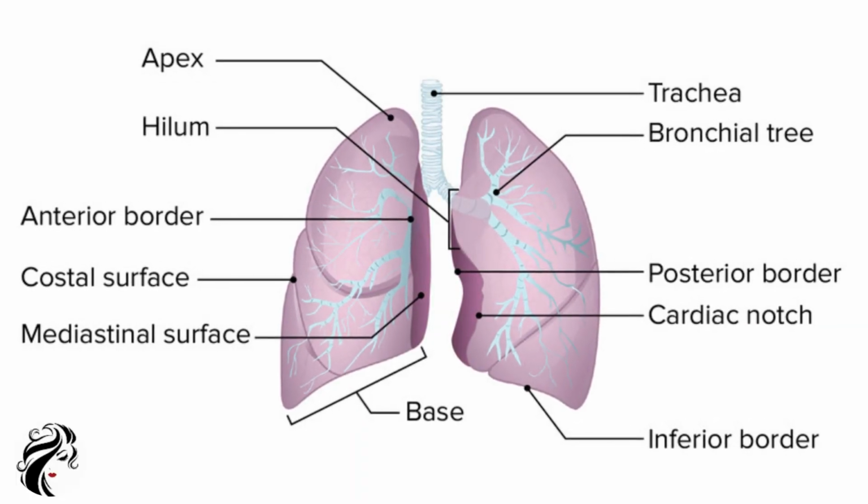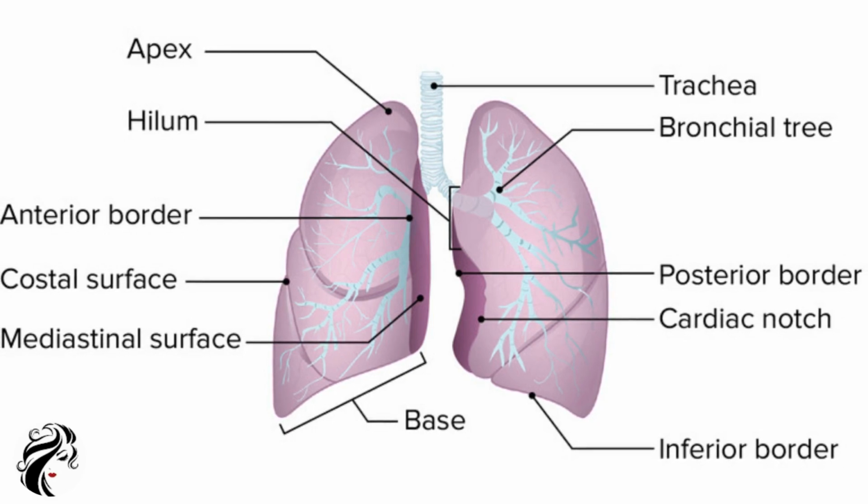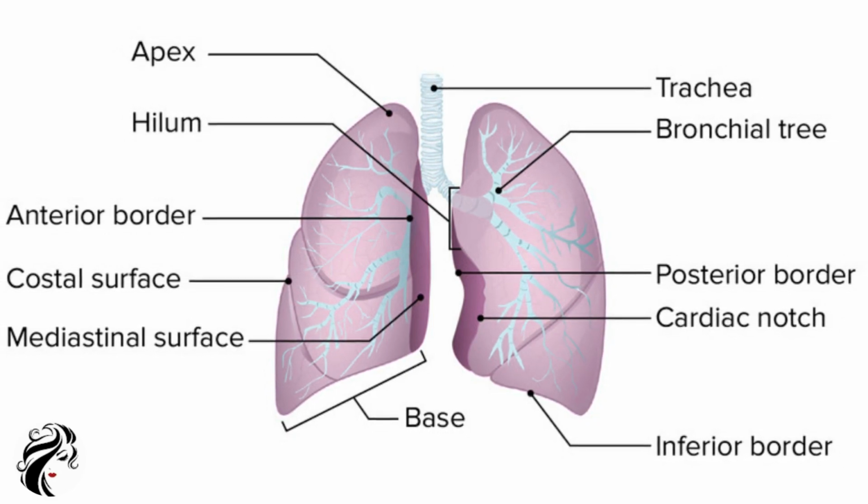In this image, you can easily understand all the structures as we discussed before. You can see where the trachea lies, and the apex, the superior-most part of the lungs. Then the part where all the structures enter the lungs is known as the hilum, where the arteries, bronchi, and different veins enter the lung. I will show you the bronchial tree in the next slide.